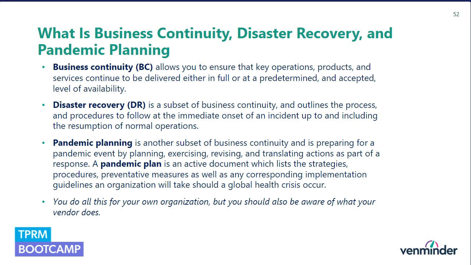Disaster recovery, on the other hand, is a subset of business continuity. Disaster recovery outlines the processes and procedures that the organization will follow at the immediate onset of an incident up to and including the organization getting back to normal operations.